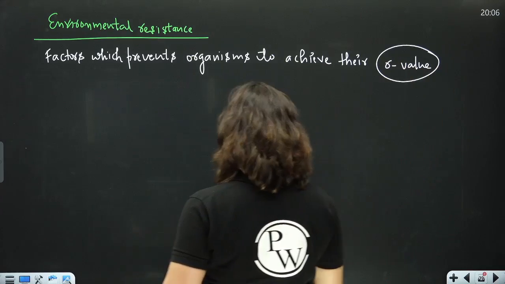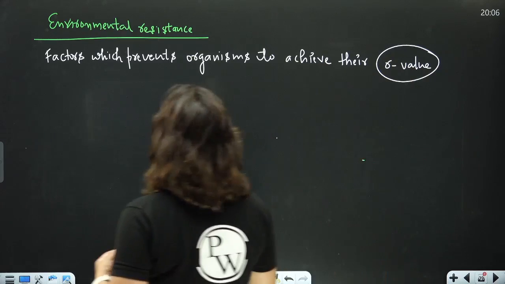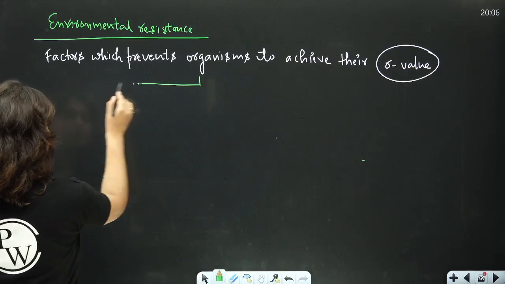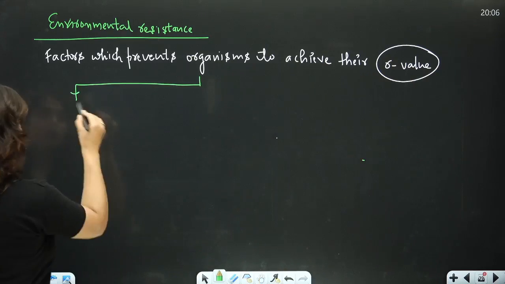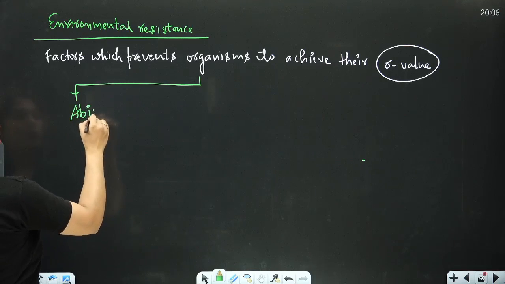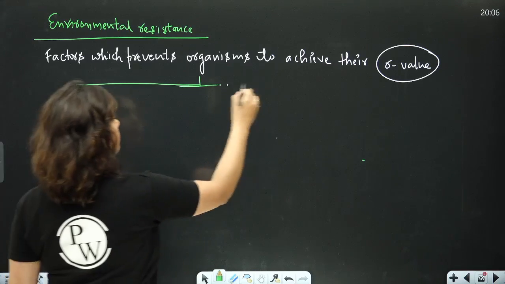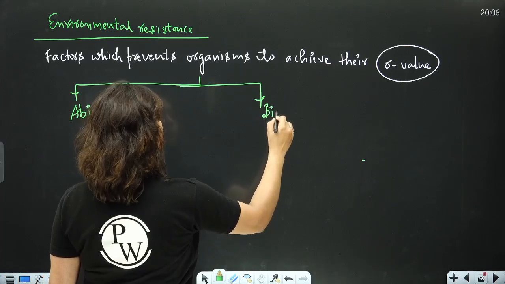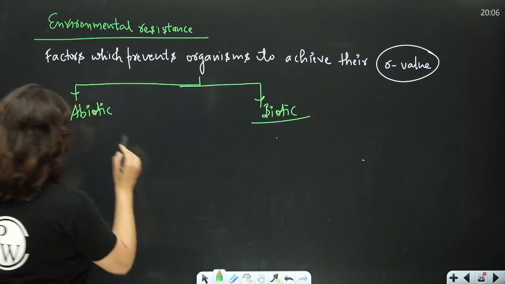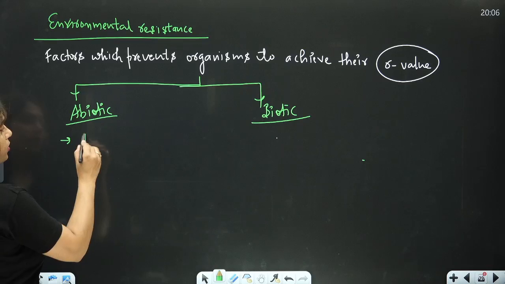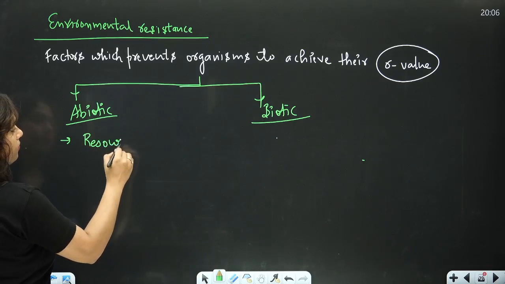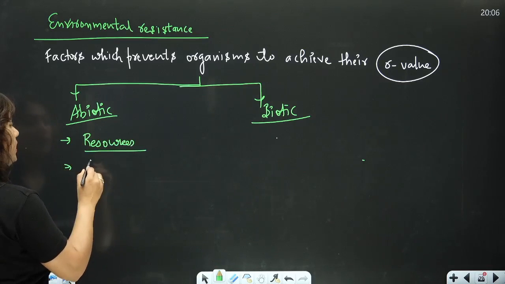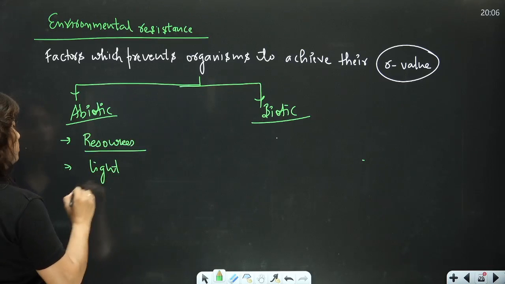And what are those factors which prevent the organisms from attaining their maximum reproductive fitness? Those can be abiotic factors and they can be biotic factors. Abiotic factors will obviously be the resources, the light, the temperature, right?